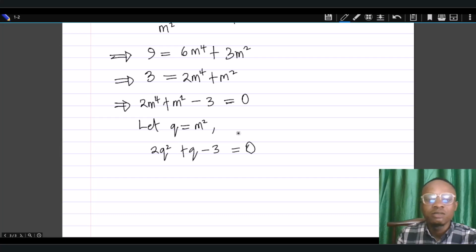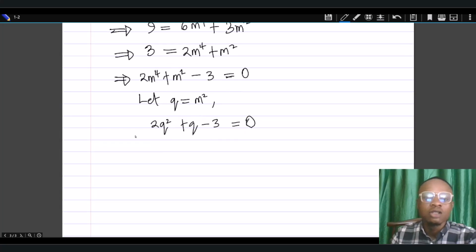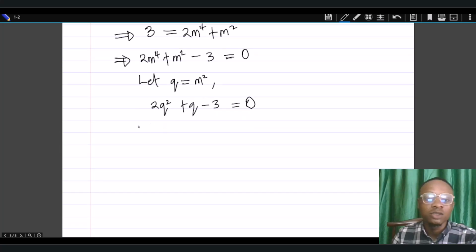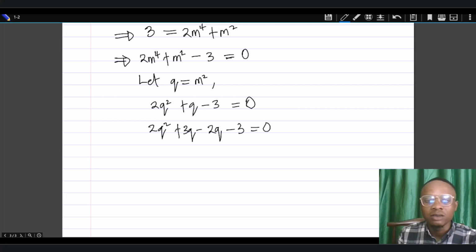So we then solve this quadratic equation. You can factorize this quadratic equation if you like. You can also use the formula method directly, but let us just go ahead and factorize this. We know 2 multiplying minus 3 is minus 6. So when we put these together, we can say this is 2q squared plus 3q minus 2q minus 3 equals 0.